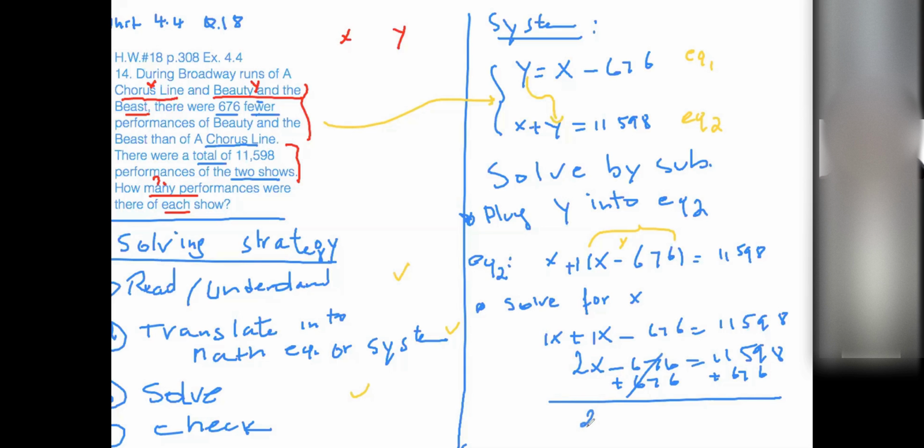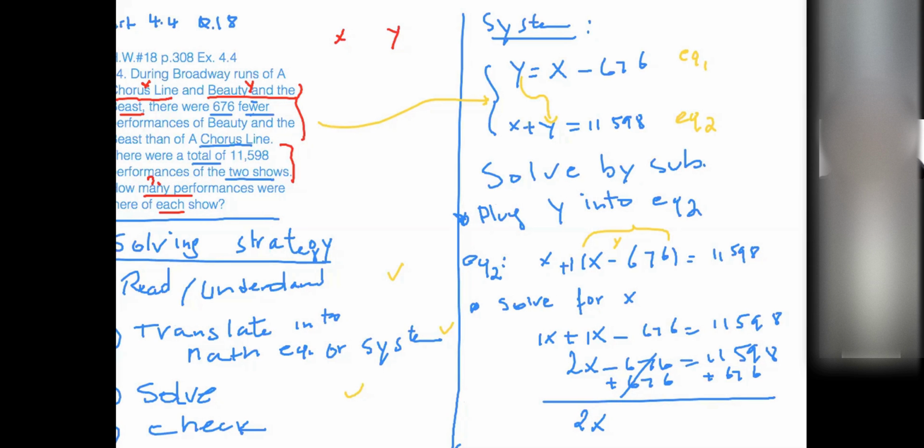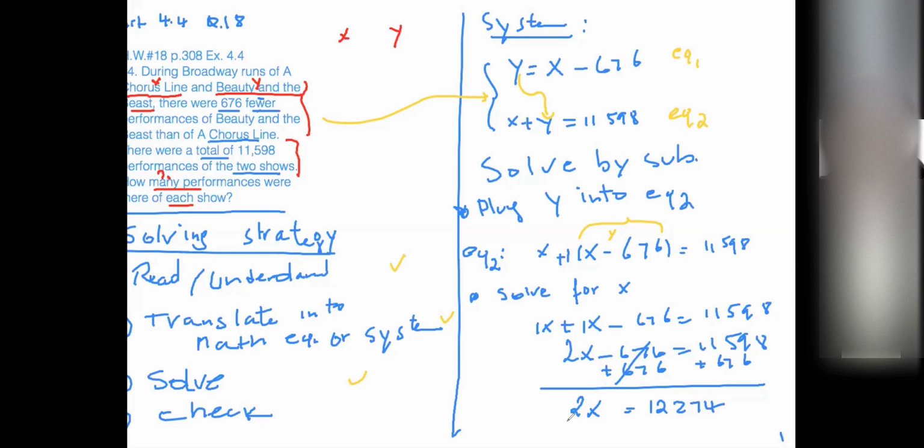So you end up with 2x, and that will be equal to 12,274. How many thousand? 12. 12,274. Very good. And the final step. You divide by 2, right? Whatever you got there, divided by 2.